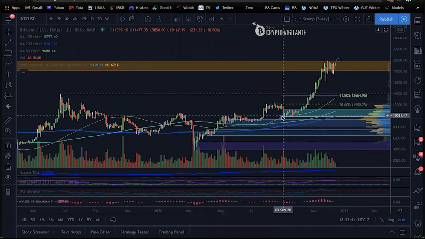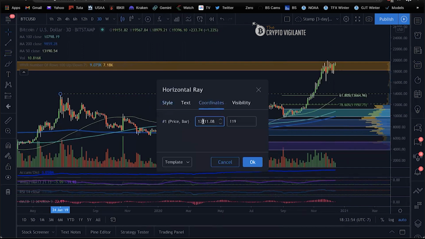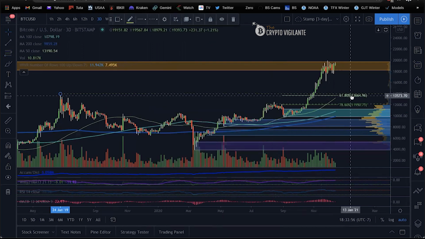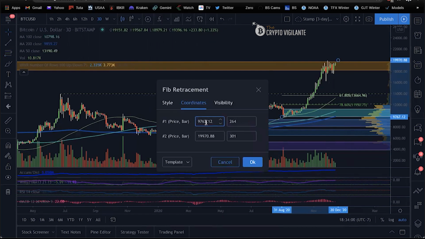And so that's it. You just drag the fib from here to here, boom, and then you can even go in and get it exact. So this low right here was 98.2507. Go to coordinates. 98.2507 up to, what was it, 918.01.